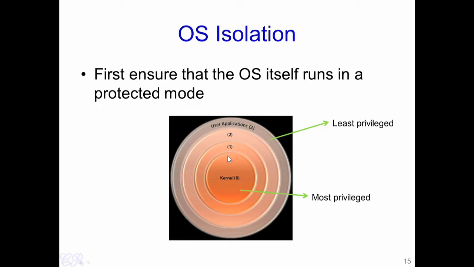In addition to this, the operating systems as well as the processors are designed in such a way that each application that runs in the user space is isolated from each other.